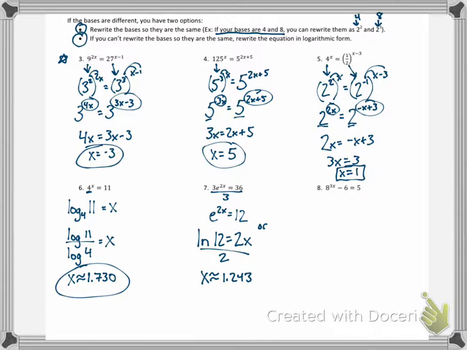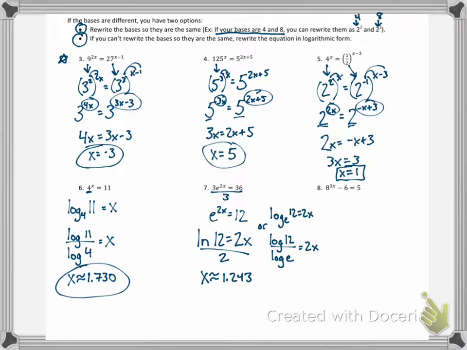So again, your base is e. You could say log base e of 12 equals 2x. And again, you could do your change of base formula, log 12 over log e equals 2x. So this is a longer way to do it, and that's why it's helpful to know that e is natural log, because it does shortcut your math a little bit here.